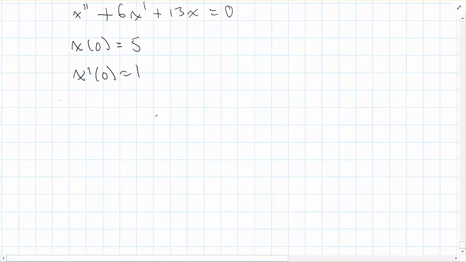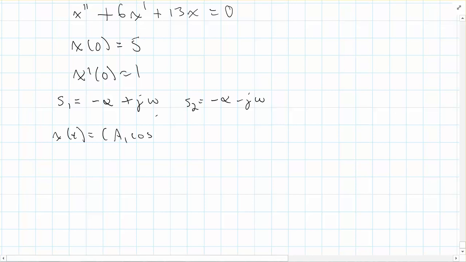So if S1 is equal to negative alpha minus or plus j omega, it doesn't matter which one you put first here, and then S2 is equal to minus alpha minus j omega, then we get the form that x at t is equal to a1 cosine of omega t plus a2 sine of omega t, e to the negative alpha t.